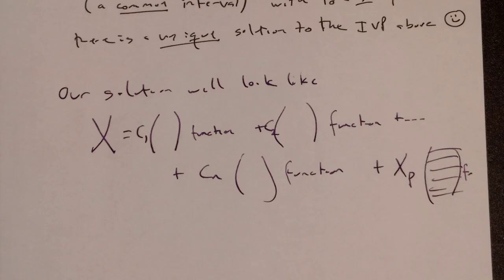I'm going to get C2 times some vector times a function of t. All the way up to Cn times some vector. These are going to be the parts that come from the homogeneous part. That's our corresponding homogeneous solution. And then I'm going to get the particular solution for my non-homogeneous part. And it's also going to be a vector made up of functions.